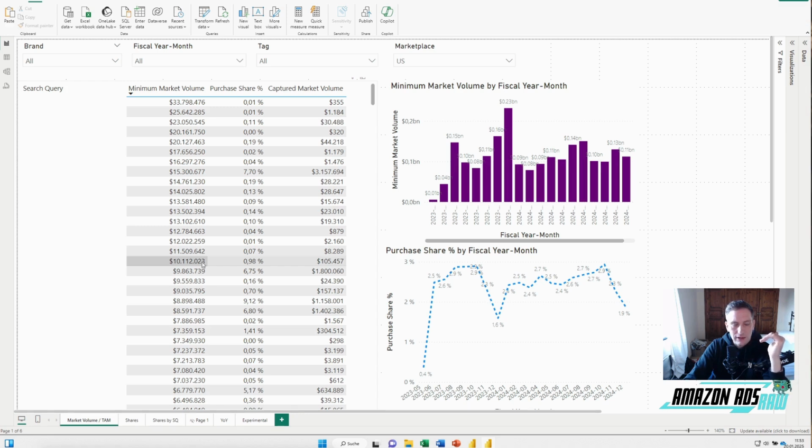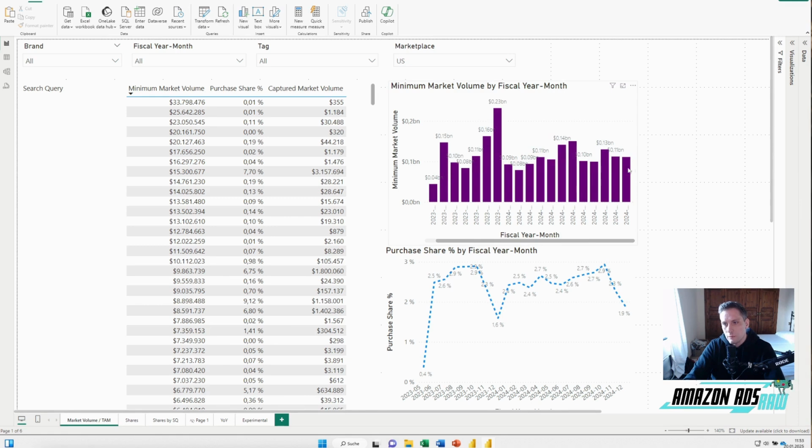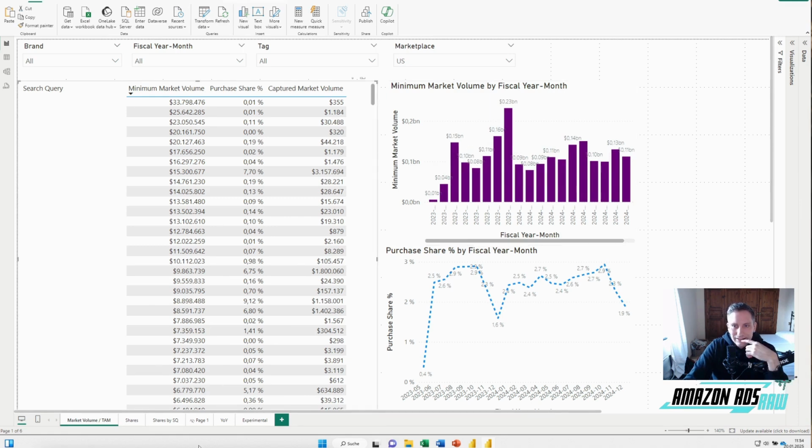If I want to get 5 million and I'm paying 10% TACoS, this is 500,000. Sorry, this is 500,000 in marketing spend I'll need as well, right? So you can make these strategic decisions, and you can also look at this over time, obviously, how markets are changing. You can click on individual terms and you'll see seasonality as well.